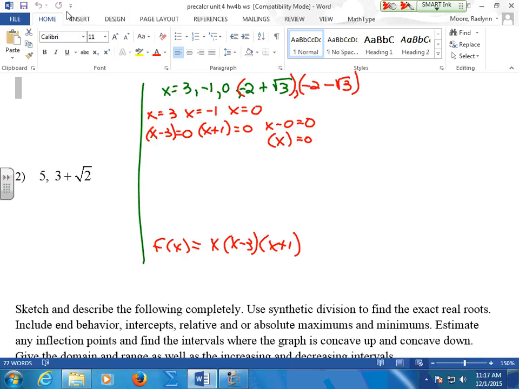And 2 of them, we're going to combine, and we're going to do sum of your roots, and we're going to do product of your roots. And again, when you do this, I want you to put this in your calculator. I want you to put this in with the plus sign right here.